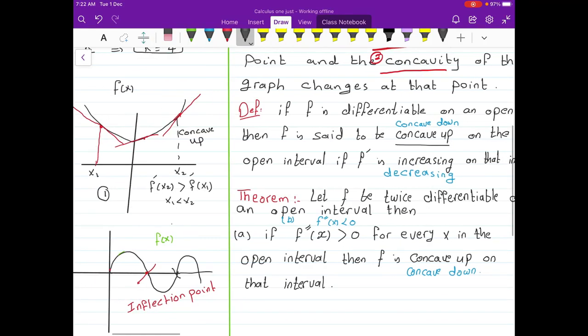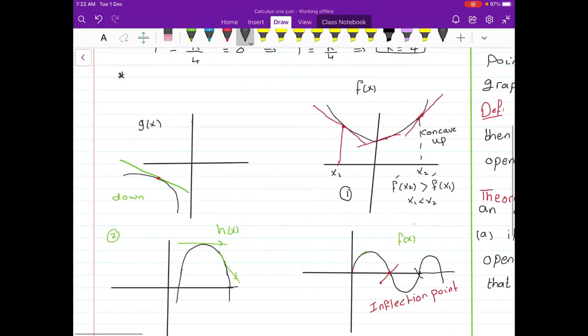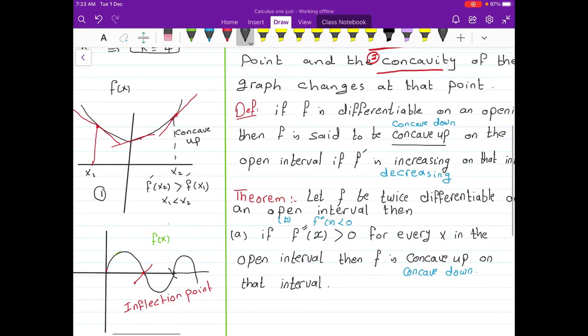So if f prime is increasing, the function is concave up. But the function is concave down if f prime of x is decreasing. So, the function f(x) we say is concave down if f prime is decreasing.